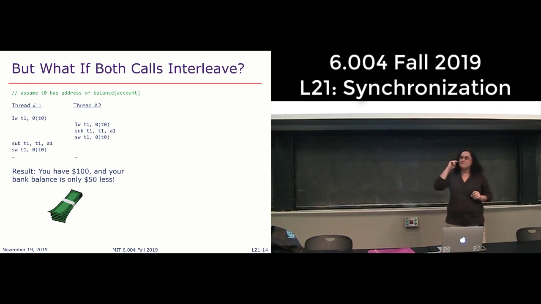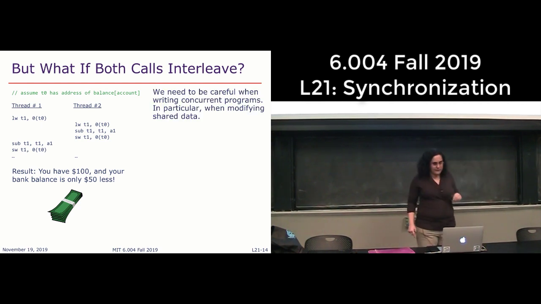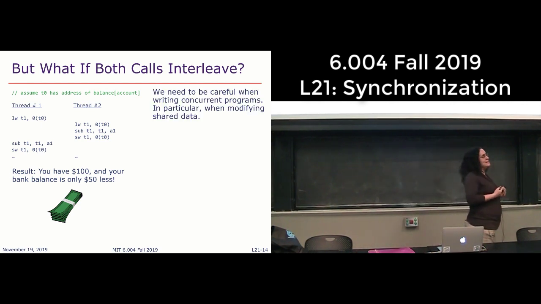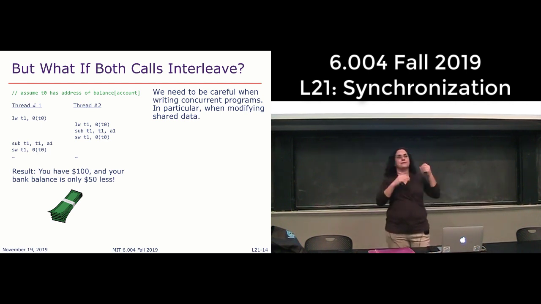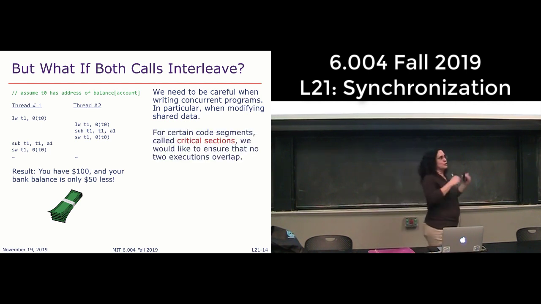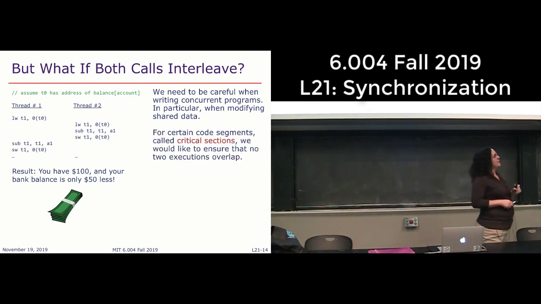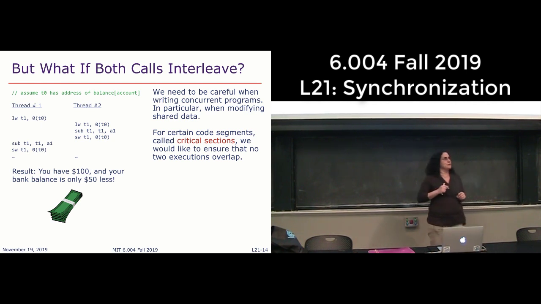So we need a mechanism to make sure that this doesn't happen. Sometimes you have a sequence of instructions that have to all happen together. We call this a critical section. If I start executing this load, I must follow it with the sub and the store before another thread can call that same piece of code.